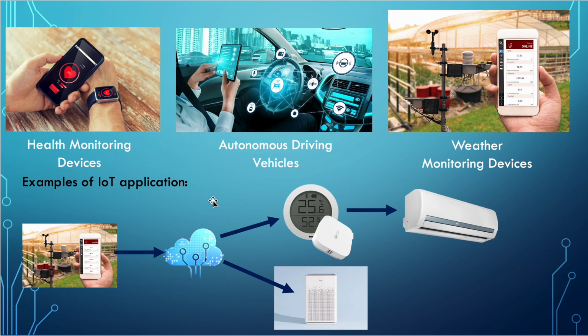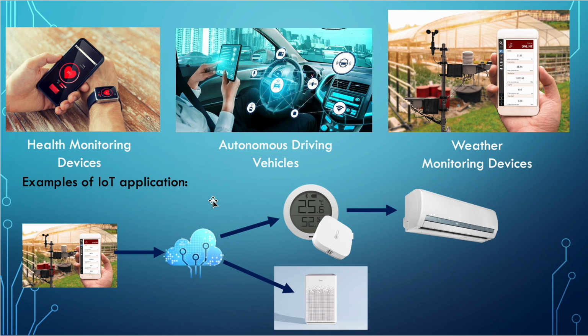Autonomous driving vehicles are a pool of sensors, actuators, and networking working together. All these sensors and actuators work together to drive the car without human interference. This in itself is the best example of an IoT device.